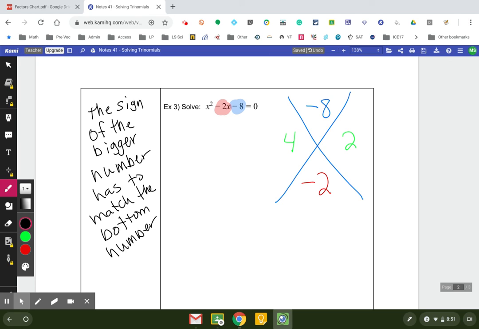All right. So in this case, when I look, the bottom number I'm working with is negative, so that means this has to be a negative.